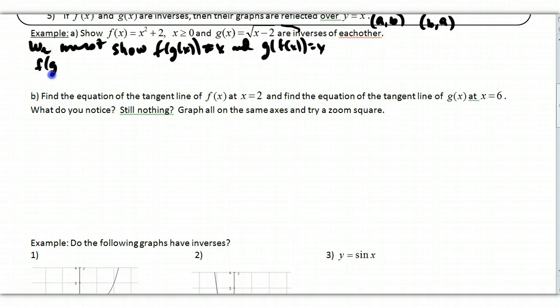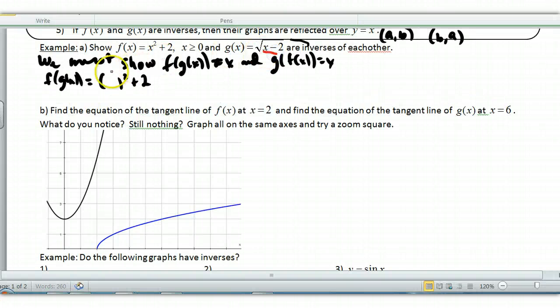So f of g of x: I'm going to take this function and put it inside this function. Wherever I see the x, I'm going to put big parentheses, and inside I'm going to put the g function, which is the square root of x minus 2. If I simplify this, the square root goes away, so it's x minus 2 plus 2, which is simply equal to x. So I satisfied that one.